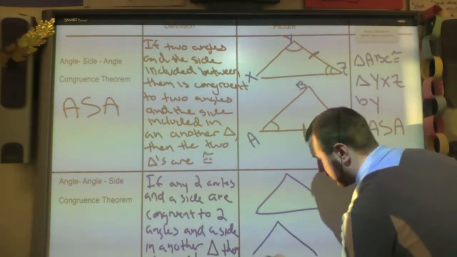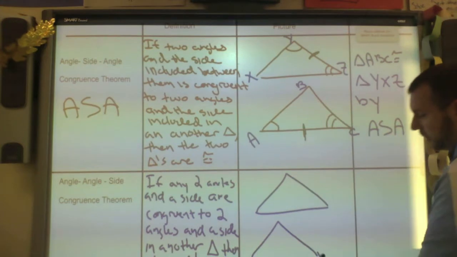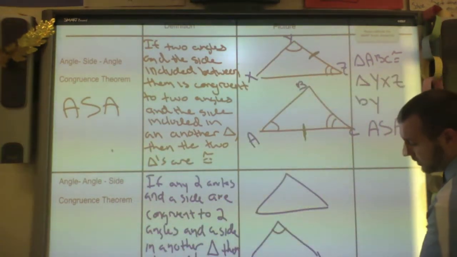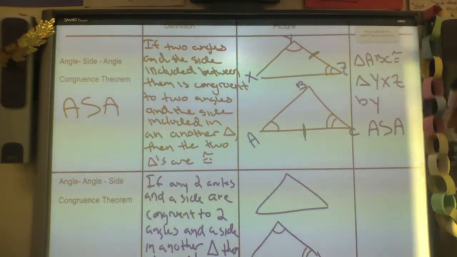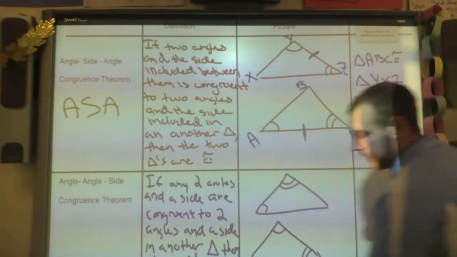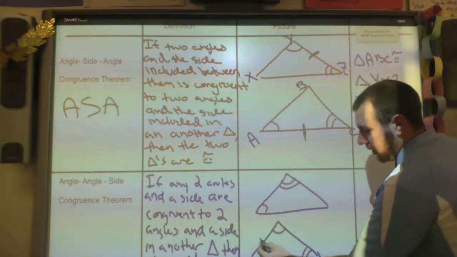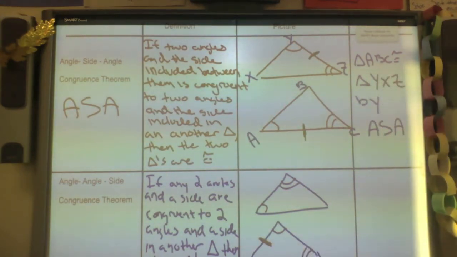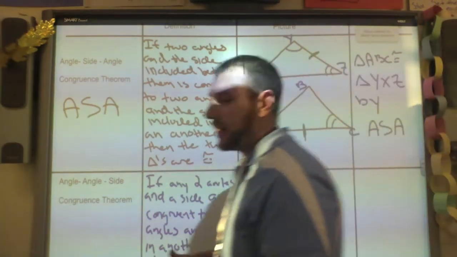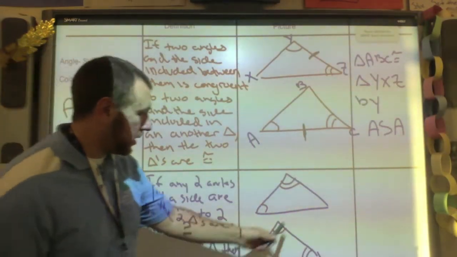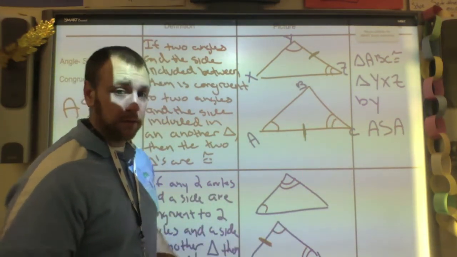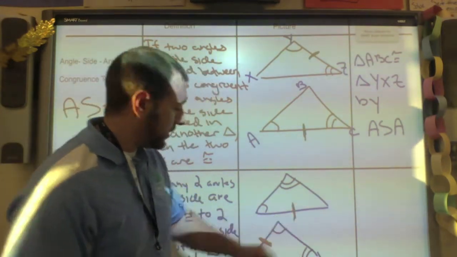So, if I mark this angle and this angle, and in this triangle I mark that side, well, in reality, I can't mark this side over here because it has to connect to that one arc. So it would be this side right there.